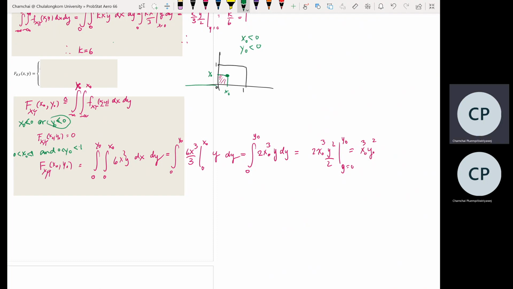More than 0, not quite. x greater than or equal to 1, and y greater than or equal to 1? No. x greater than 0 and y greater than 1? x greater than 0, not quite.